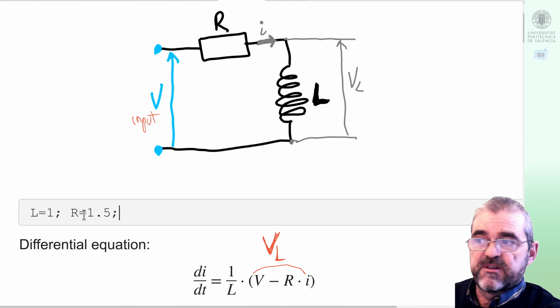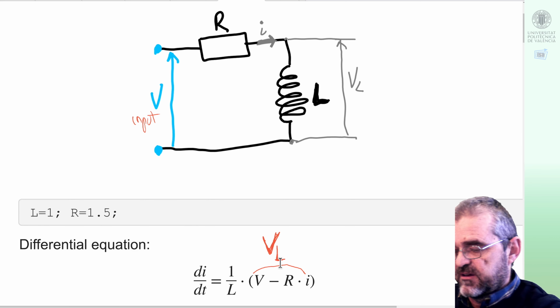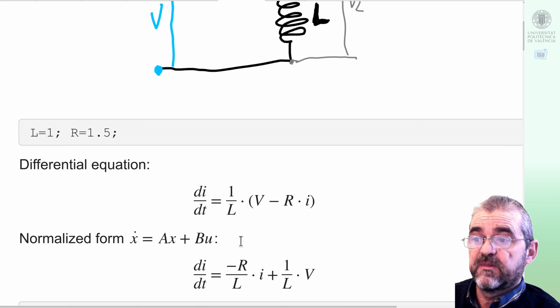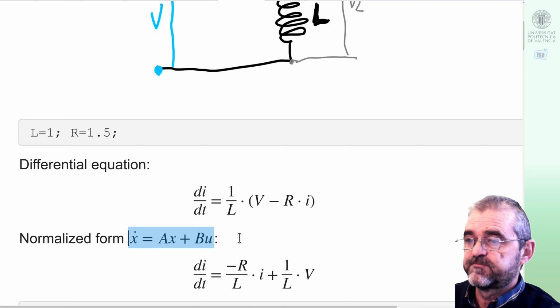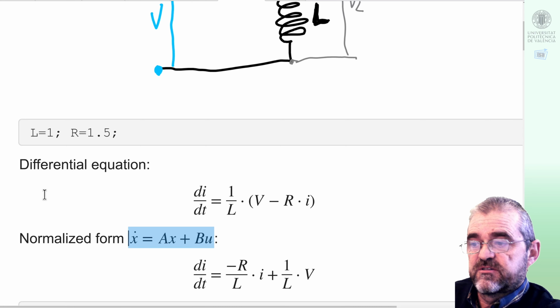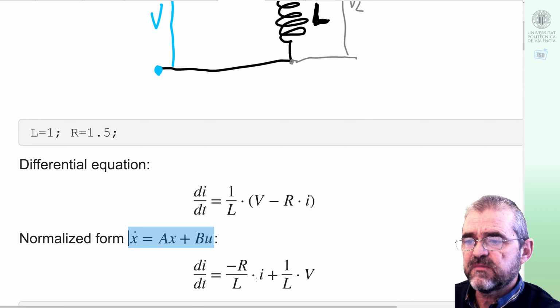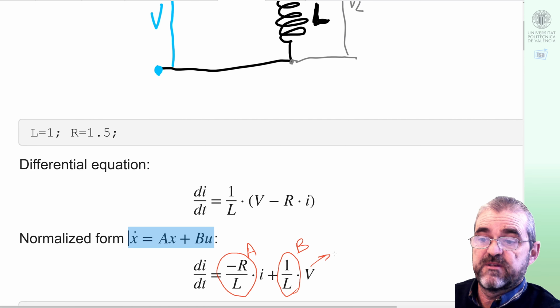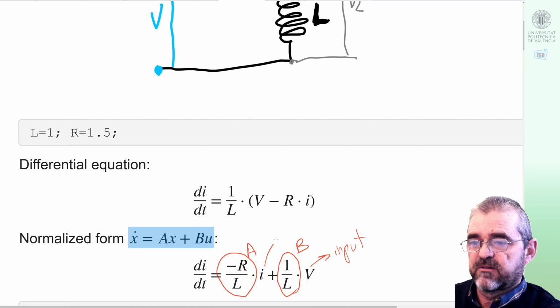So, replacing these parameters, we will have the differential equation, and in systems and control, we usually wish to express linear equations in this way: this will be A, this will be B, this will be the input, and the current will be the state.